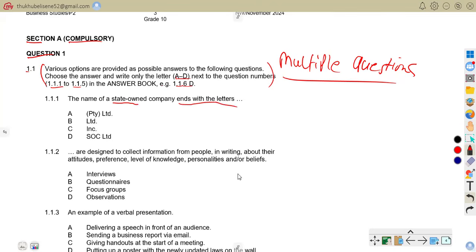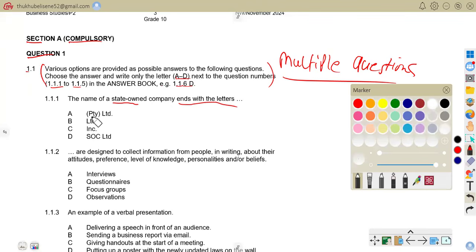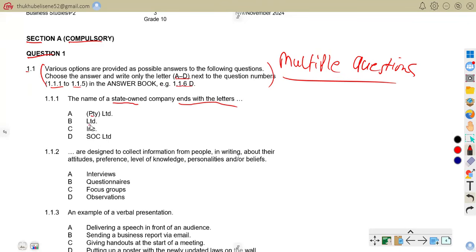Now we want to know the correct answer for 1.1.1. So you have to choose the best answer out of the 4 options we are given. We are given PTY Ltd, Ltd, Inc, SOC Ltd. So the correct answer is D, SOC Ltd.